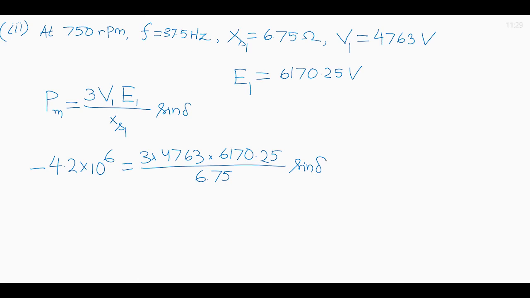So with that, sin delta comes as minus 0.32 and delta is minus 18.76 degree.